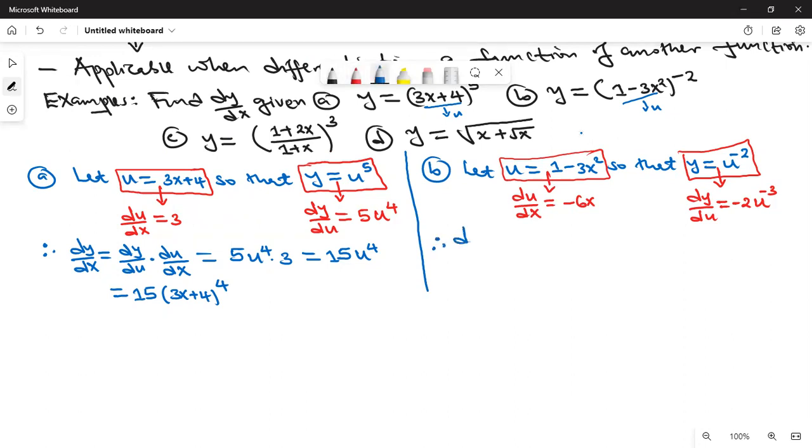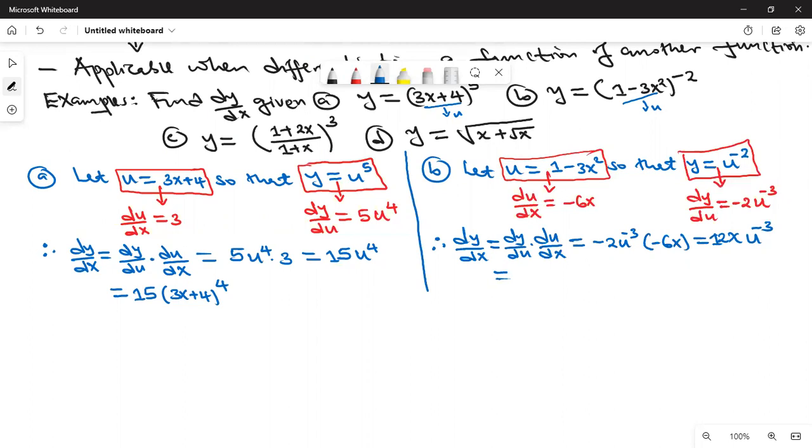Therefore, dy dx is equal to dy du times du dx. So our dy du, we found negative 2 u raised to negative 3, times du dx, which is negative 6x. And so this should give you 12x times u raised to negative 3. And I told you, you have to replace u.